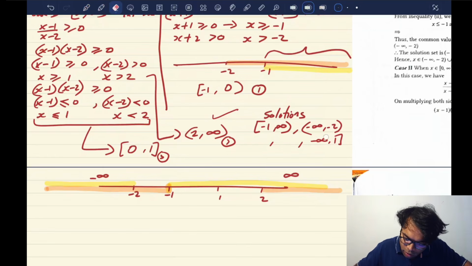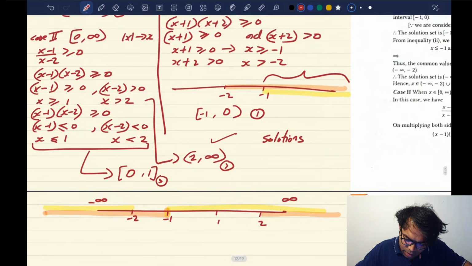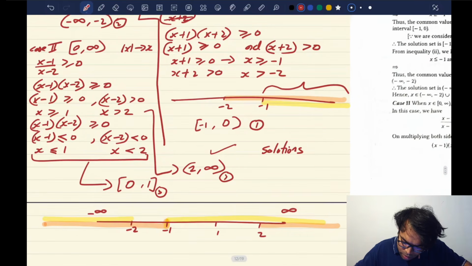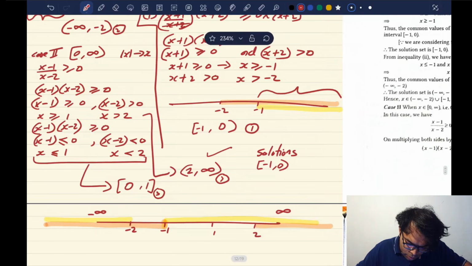So these four are wrong. I made a mistake. I was making the same mistake when I was teaching the other class also. So this will become minus 1 to 0, and you have 0 to 1.